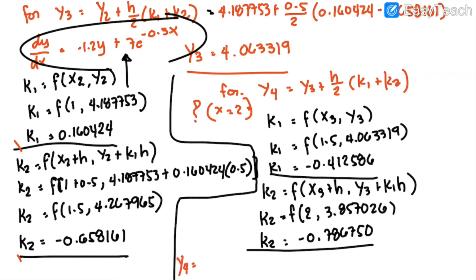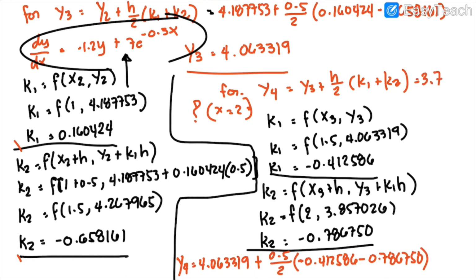Now we can then immediately solve for y4. So y4 is equal to y3 of 4.063319 plus h of 0.5 over 2 times k1 of negative 0.412586 minus k2, 0.786750, which give us the value of y4 is equal now to 3.763485.